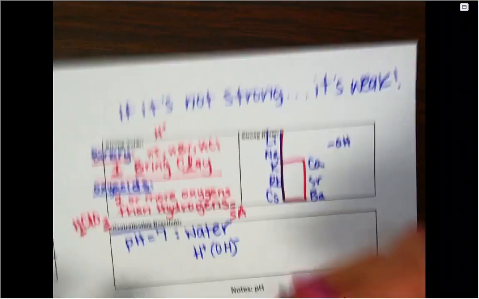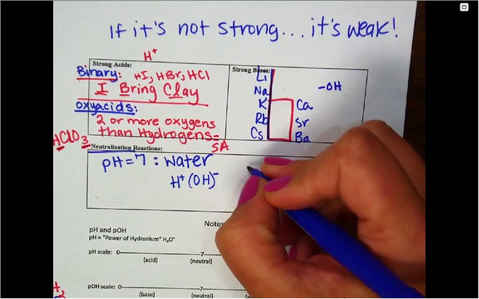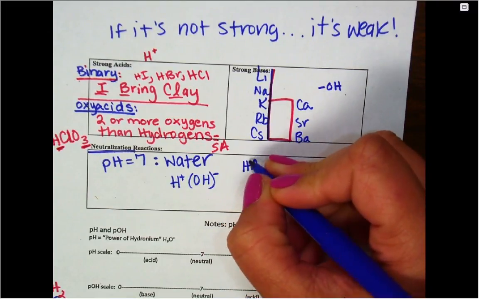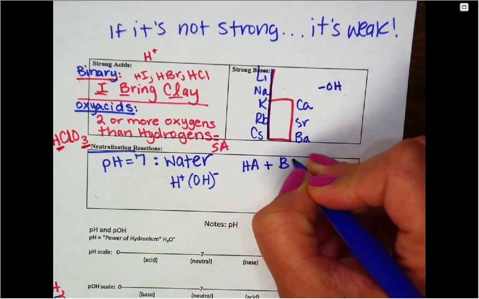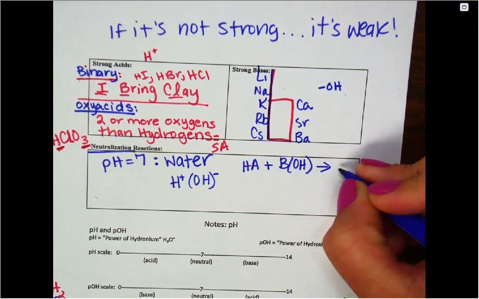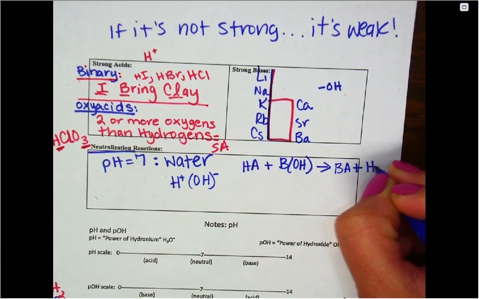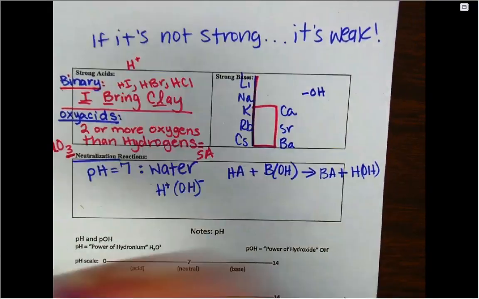All right, so when you are looking at a neutralization reaction, it's just going to be a little acid. So this is just your H with an anion plus a base is going to make a salt and water. Okay?